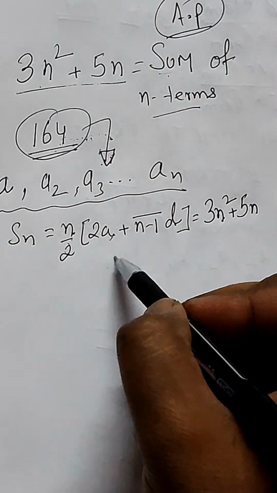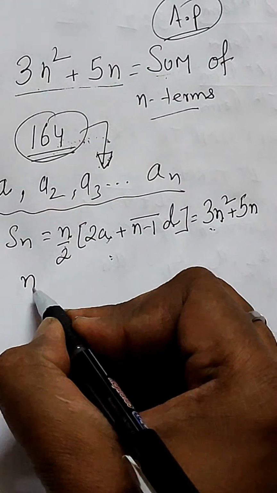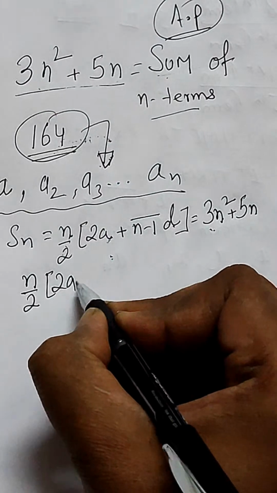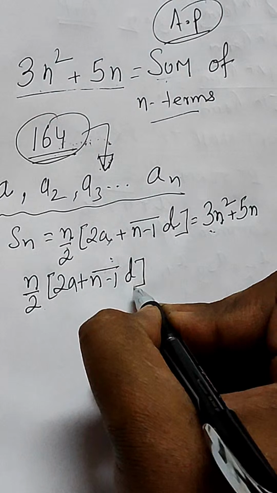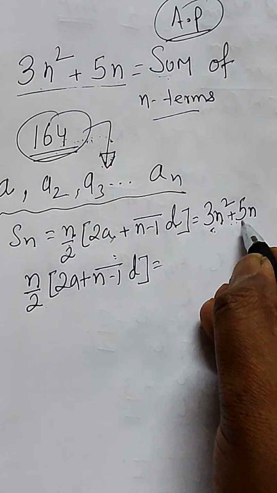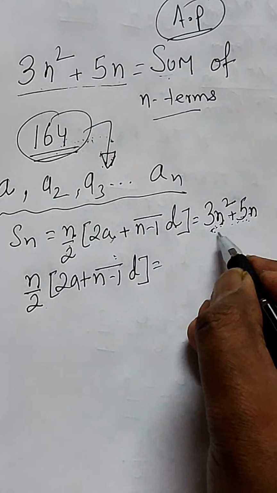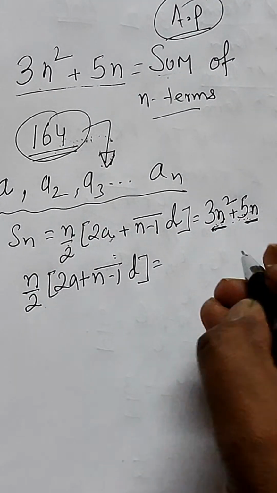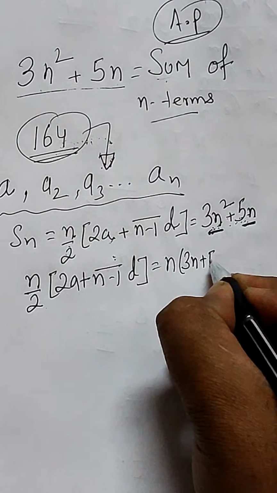On equating it, we get n by 2 into 2a plus n minus 1 into d equal to 3n square plus 5n. Here n is in the first term and also in the second term, so we can take n as common, and we are left with 3n plus 5.